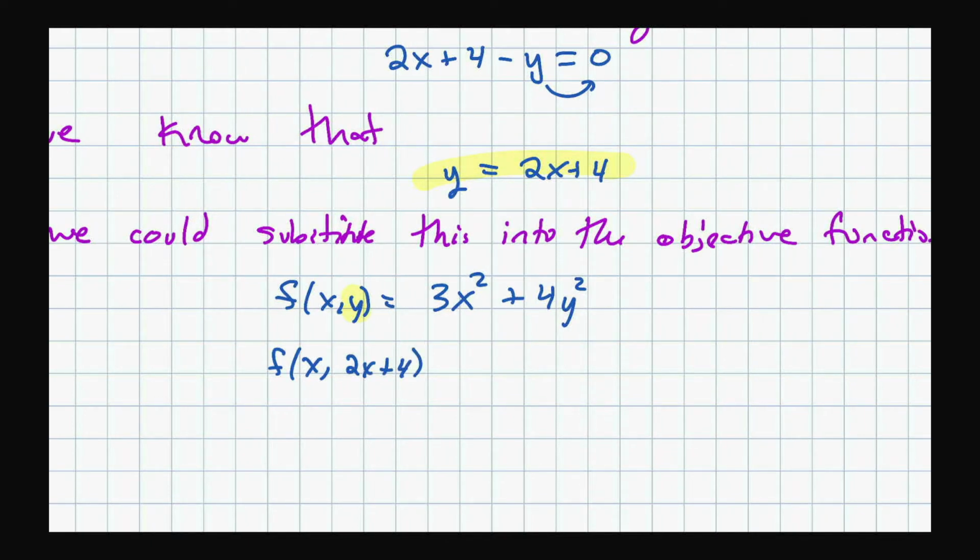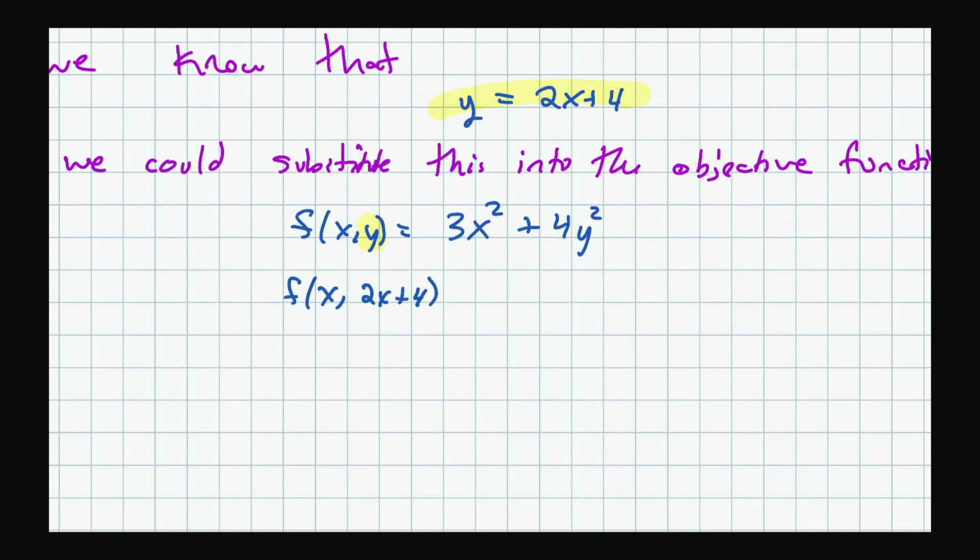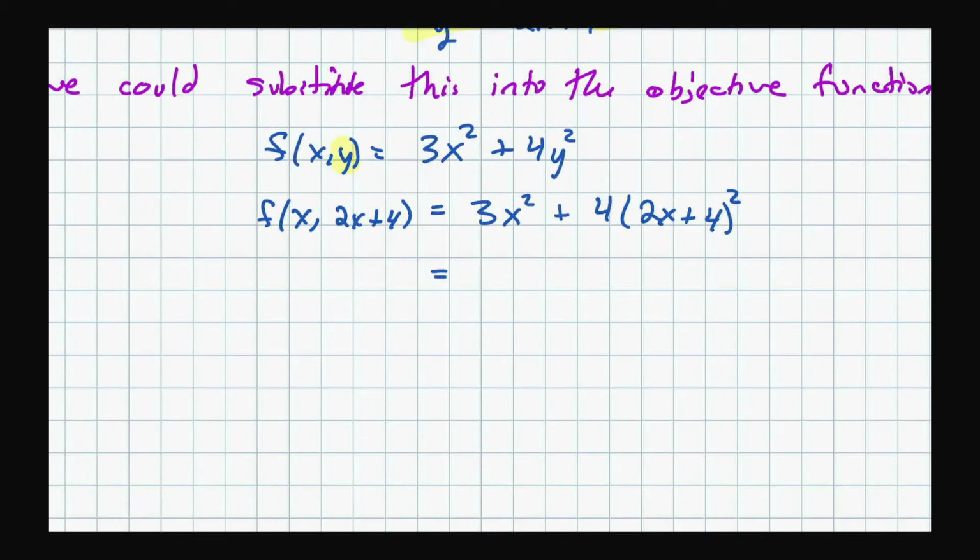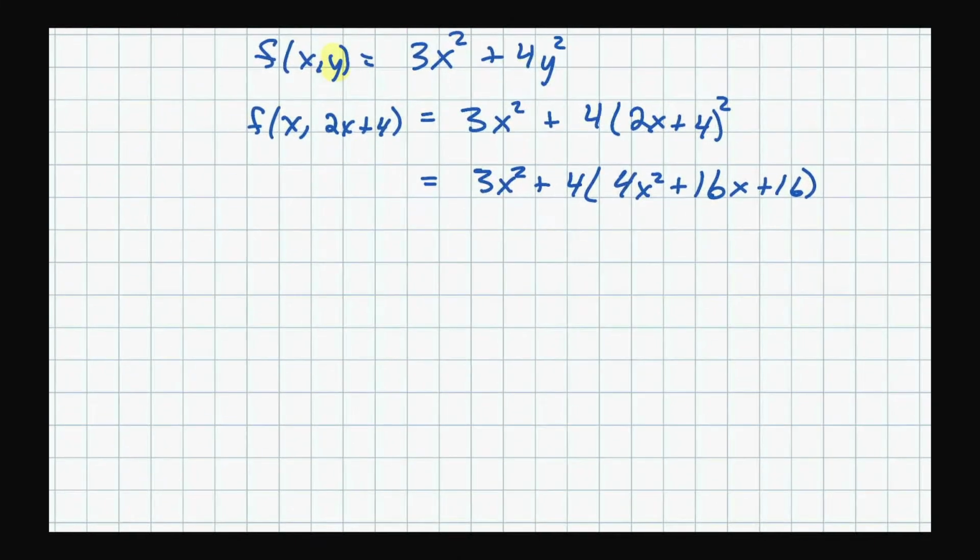So just substitute the 2x plus 4 in for the y. We would get 3x squared plus 4 times 2x plus 4 squared. If you multiply that all out, you have to FOIL this, so we get 4x squared plus 16x plus 16. Multiplied all out, 3x squared plus 16x squared plus 64x plus 64.